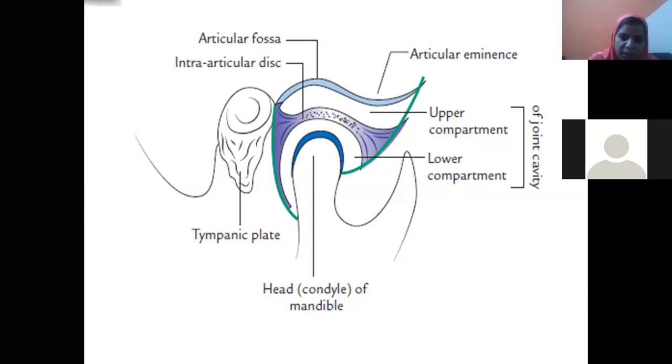Inferiorly also it surrounds all around. Inside the joint, you will find one disc, the intra-articular disc, which divides the joint cavity into two compartments. Above the intra-articular disc you have the upper compartment, below you have the lower compartment.